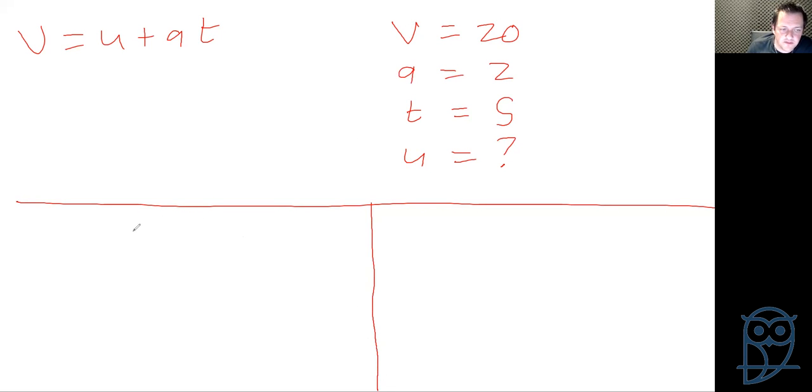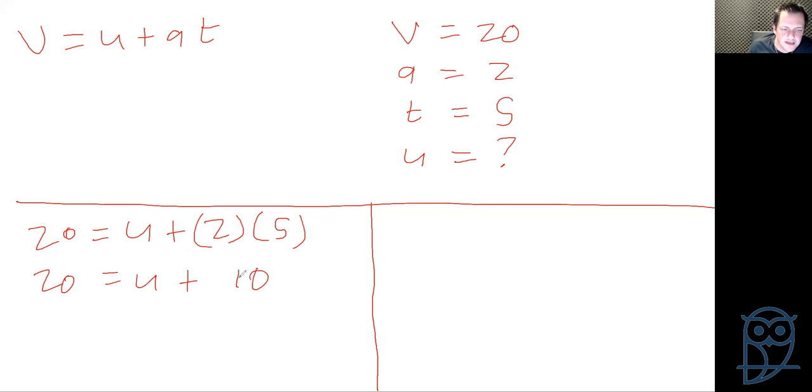If I sub in, I get 20 equals U plus A, which is 2, and T, which is 5. So I can multiply these, and I get 20 equals U plus 10. Take the 10 over, becomes a minus. So 20 minus 10 is U. So U is just 10.